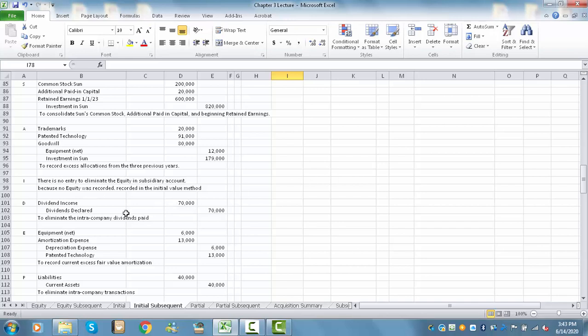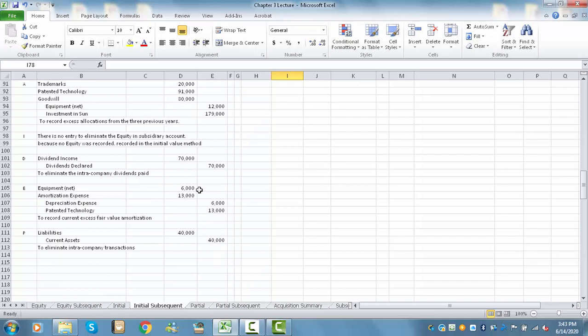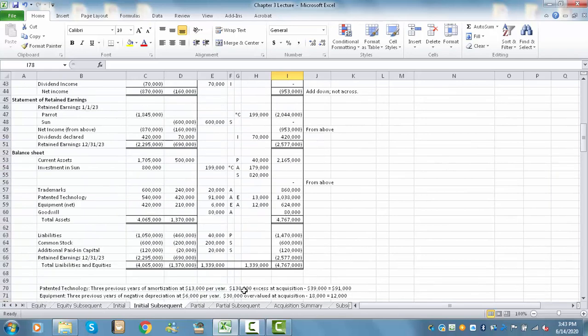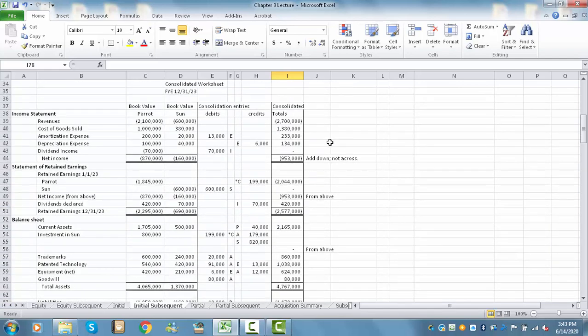Our dividend income is against dividends declared rather than an investment, but dividends declared and dividends income here. We record our excess amortization for the current year, and we record the intra-entity or company transactions here. Put them all again in our financials, in our worksheet.